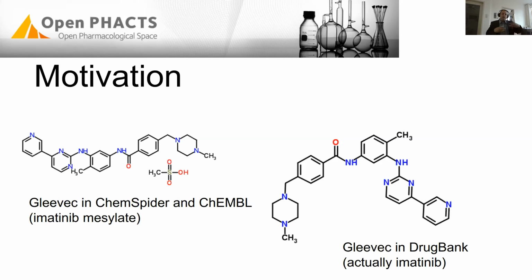And so this slide has one of the complications. This is a slide from the Open PHACTS project of a couple of years ago, and they both refer to a drug, Gleevec. And Gleevec is a drug that is used as medication. It has actually, well, two names, as you can see here, Gleevec and imatinib mesylate. But if you look at the chemical structures here, you see another thing. So Gleevec is used for two different chemicals.